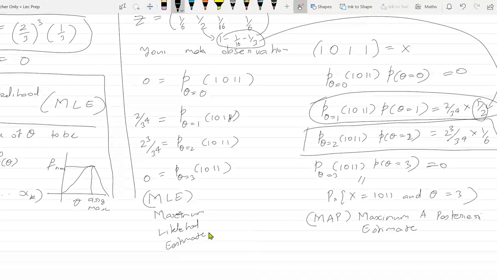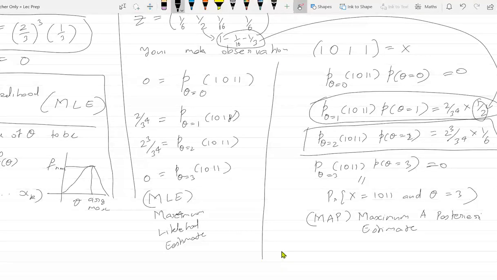So what is the difference between MLE and MAP? In MLE, there is no prior distribution. You don't take into account a prior distribution. You just compute the probabilities according to different values of theta, and find the value of theta for which this probability is maximum. In maximum a posteriori estimation, you have a prior distribution.